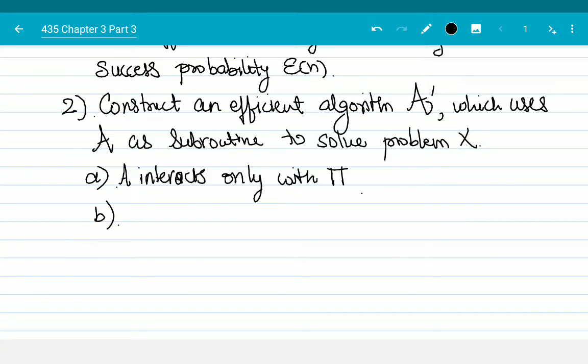So A prime, even though it is running A, only interacts with pi, and A prime succeeds when A succeeds with pi.